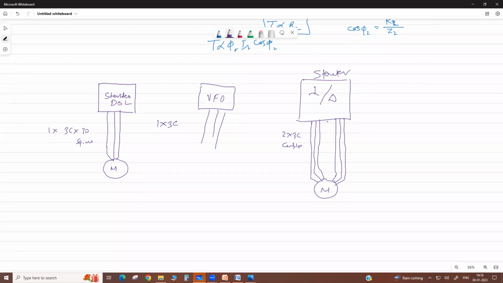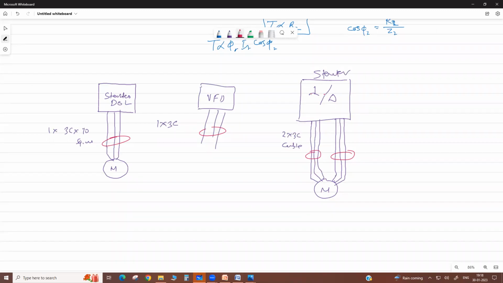We use either automation or a time delay relay for that. So this is another disadvantage of star delta: two runs of cable are required. In VFD or DOL or soft starter, we require a single run, so cable installation and cable cost are reduced.